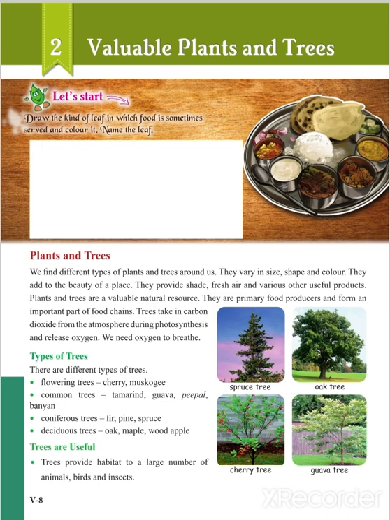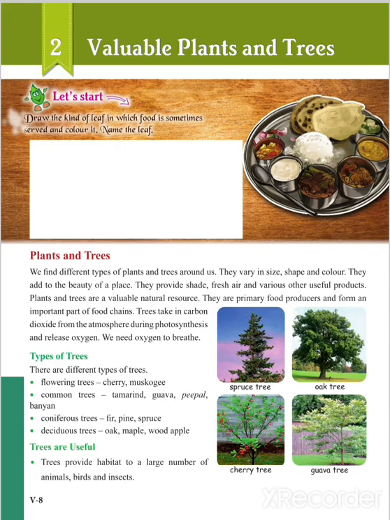Trees take in carbon dioxide from the atmosphere during photosynthesis and release oxygen, which is very important for human beings for their survival, as human beings require oxygen to survive, and they release carbon dioxide.